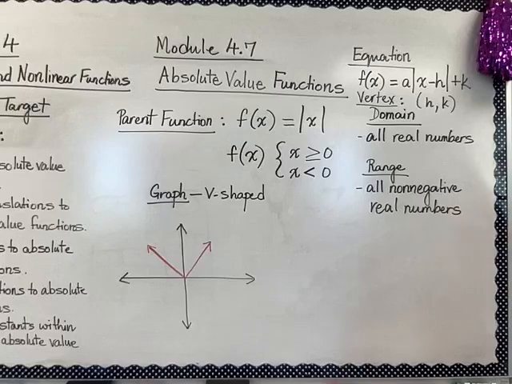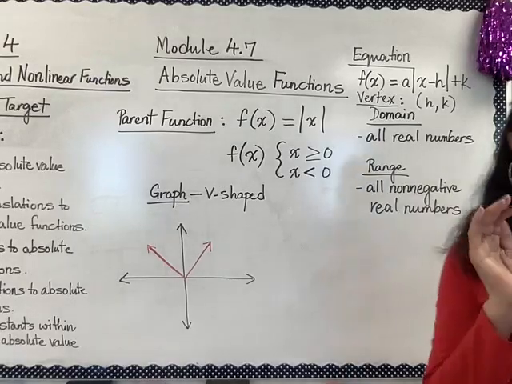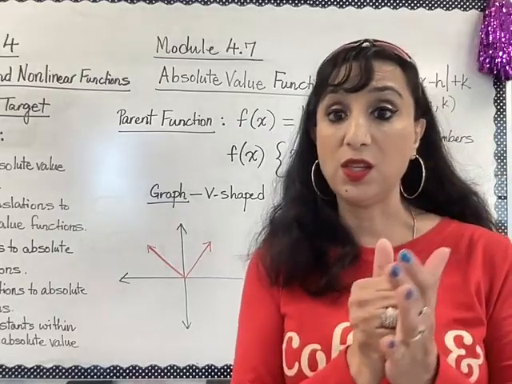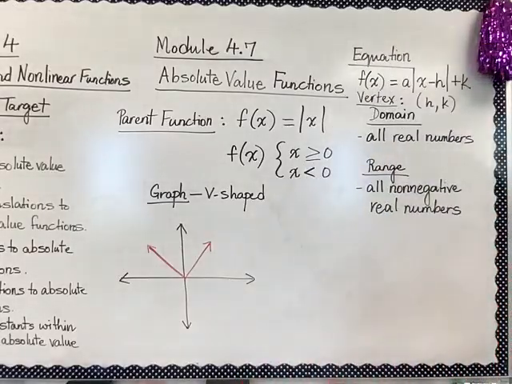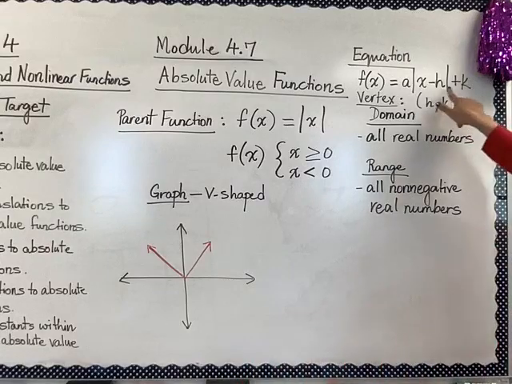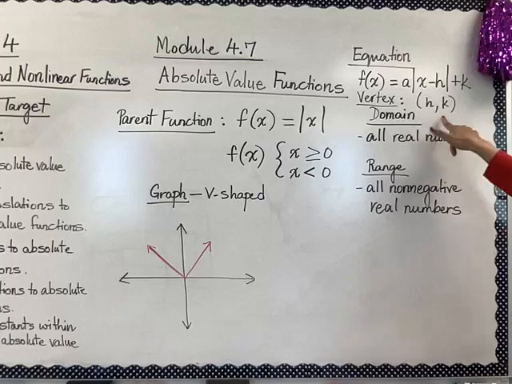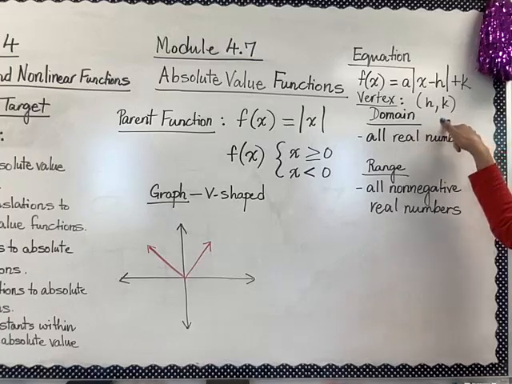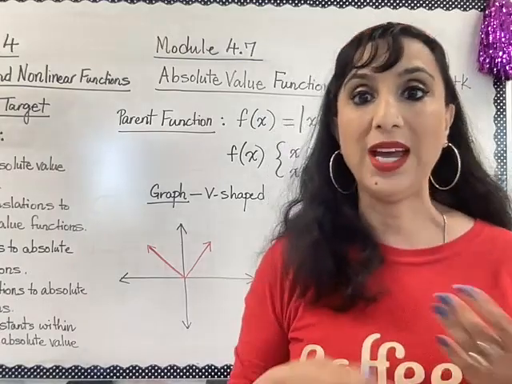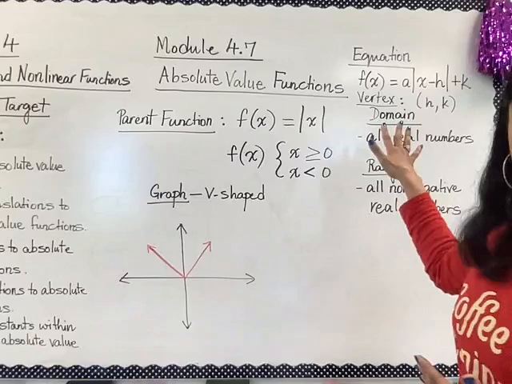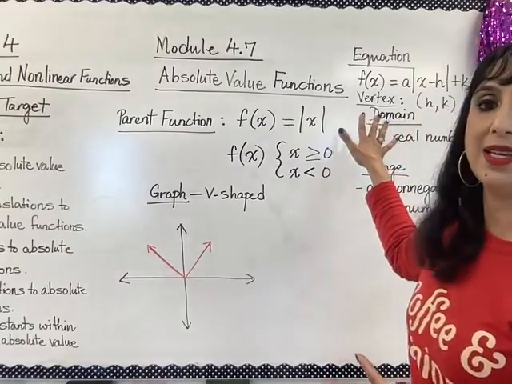And so the vertex is always going to be the ordered pair of the constants which we are using as h and k. So look at this equation once again. So this and this, that becomes the vertex, which is the ordered pair of x and y. So when we get into the problems, you will understand this better.